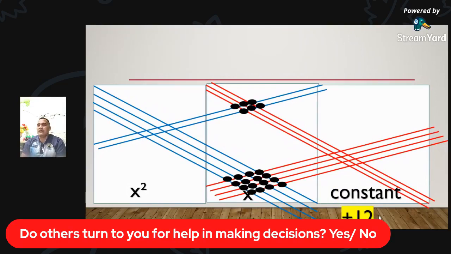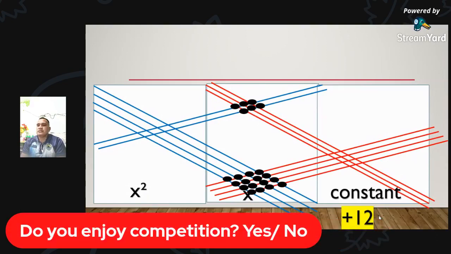Next, in this figure, we have intersections of 1, 2, 3, 4, 5, and so on up to 22.